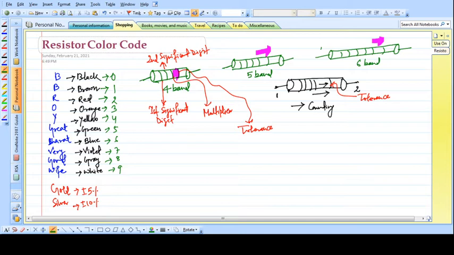Okay, so now I am starting one example with 4 bands. I am making a resistance type of thing. So this one, all my colors are now blue. Okay, not an issue.